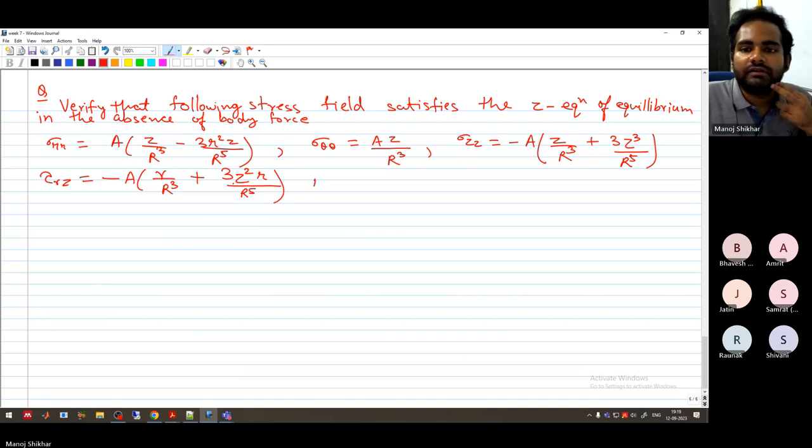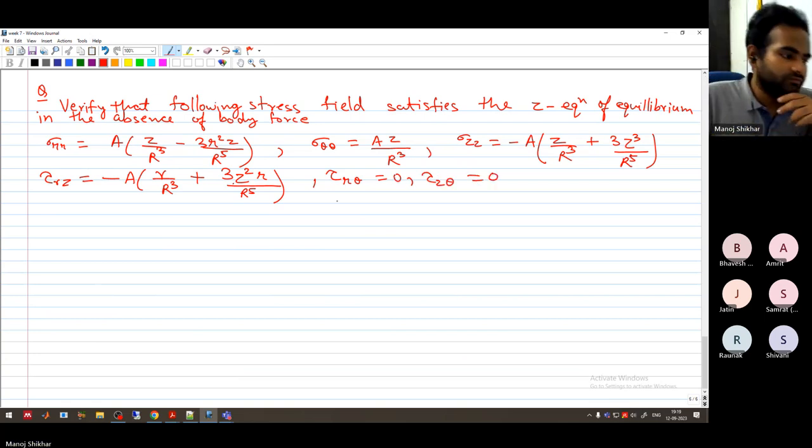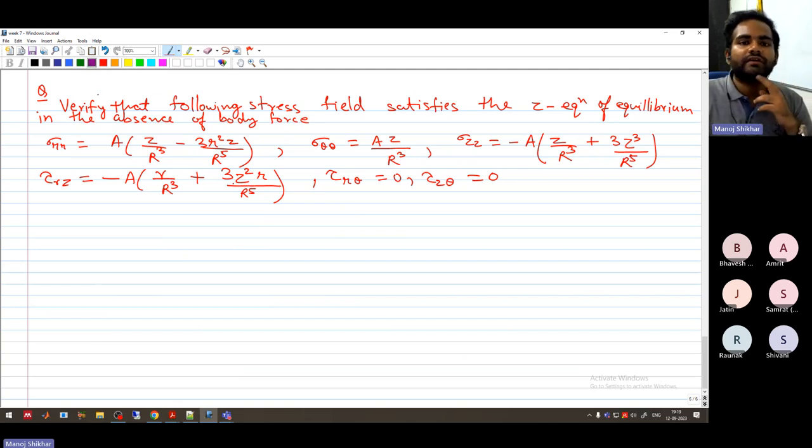And they've given you tau R theta equal to 0, tau Z theta equal to 0. So the first step should be what they have asked in the question.